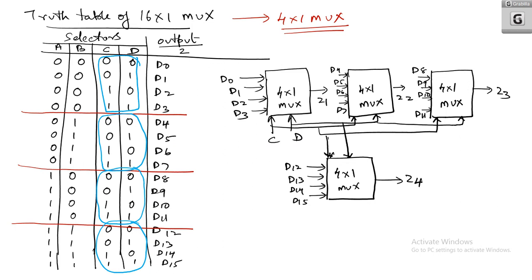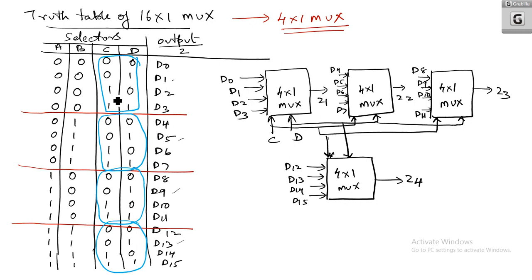That means when C is equal to 0 and D is equal to 0, the first 4 by 1 mux gives the output D0, the second gives D4, the third gives D8, and the fourth gives D12. When C and D are 0 and 1, the first gives D1, the second D5, the third D9, and the fourth D13.